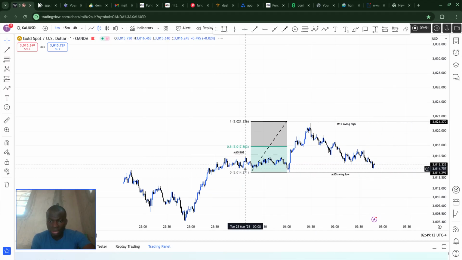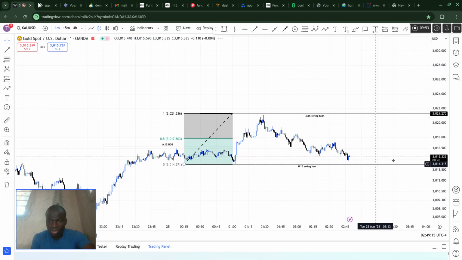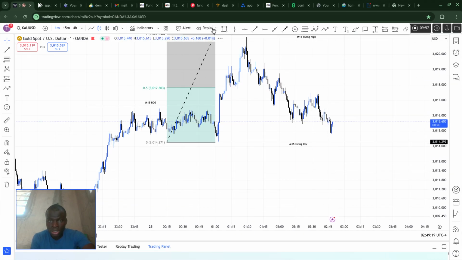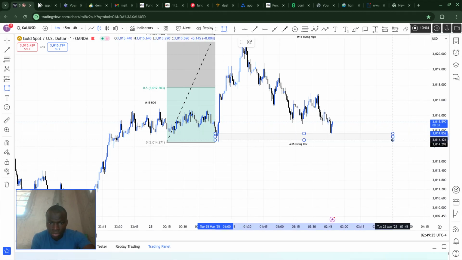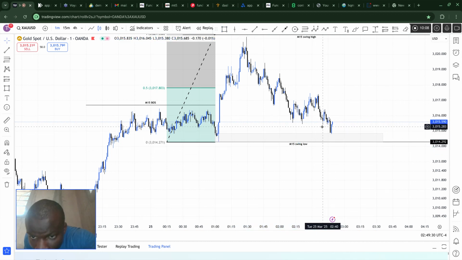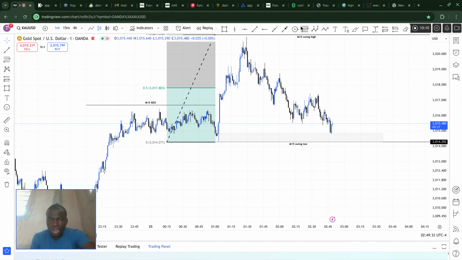When we go to the 1 minute time frame, what are we looking for? We are looking for trend change. So if we are looking for trend change, these are our supply and demand zones. So I expect there should be a trend change.